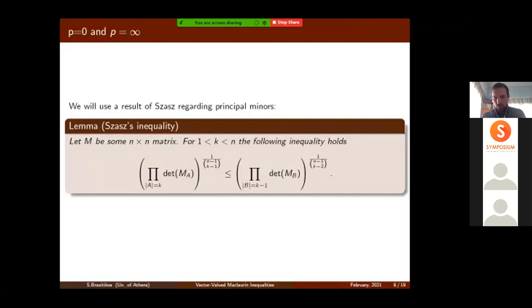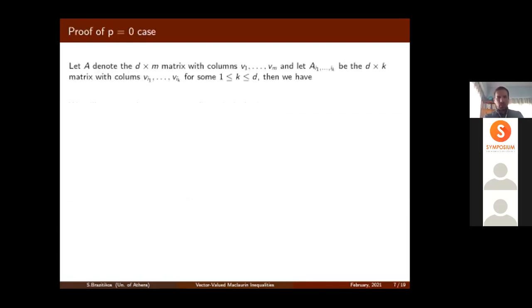So this fits immediately to the case p equals 0, because when we have a mean for p equals 0, then this becomes a product.